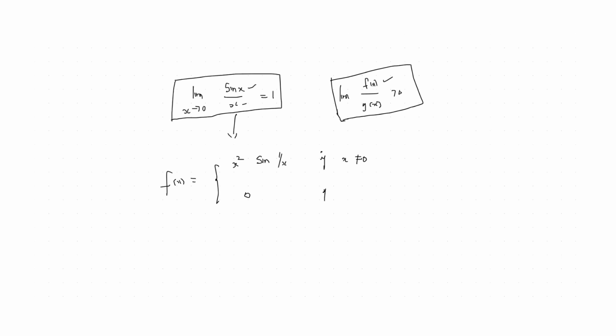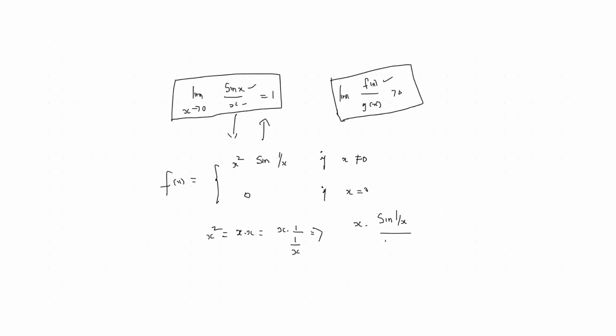I'm going to use this result in a tricky way. I will write x square as x into x, or x into 1 divided by 1 by x. Now the function value will be x into sine 1 by x divided by 1 by x.